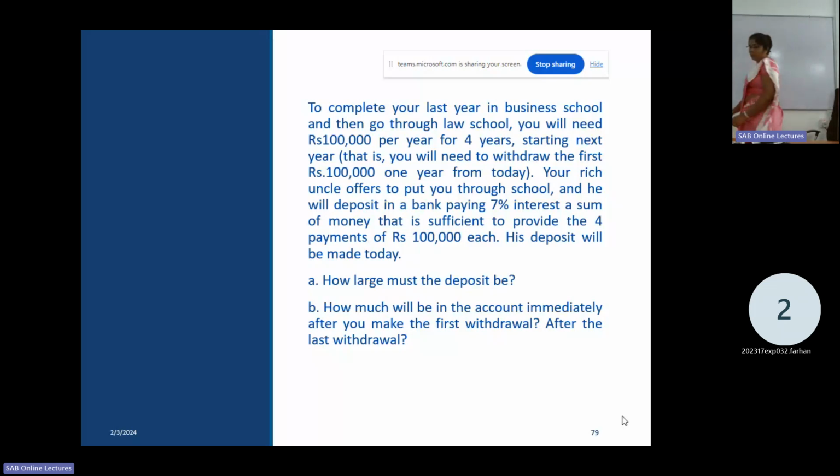Try to do this, not difficult. So, what is the application here? What is the formula?